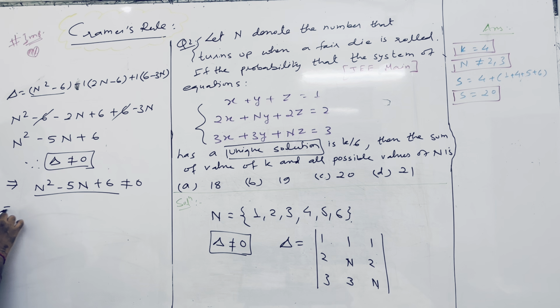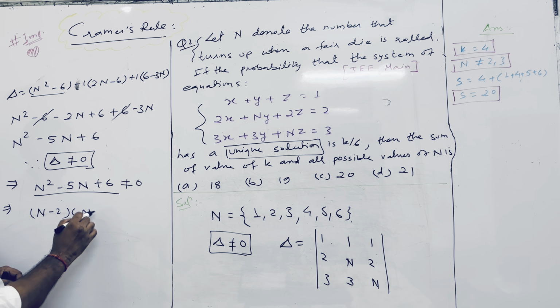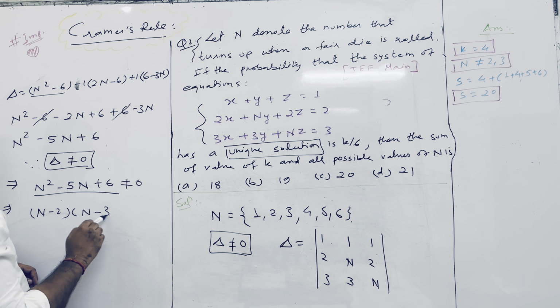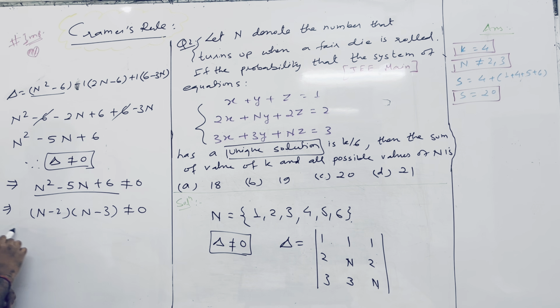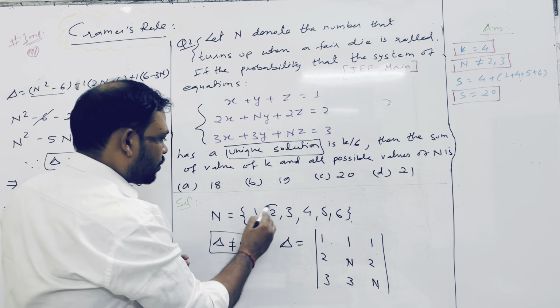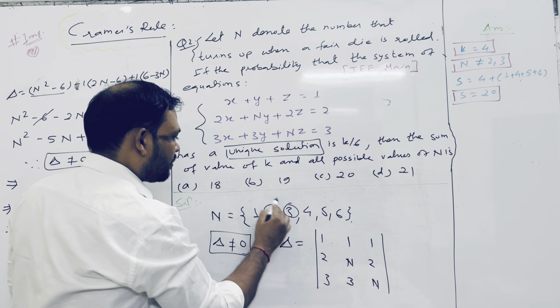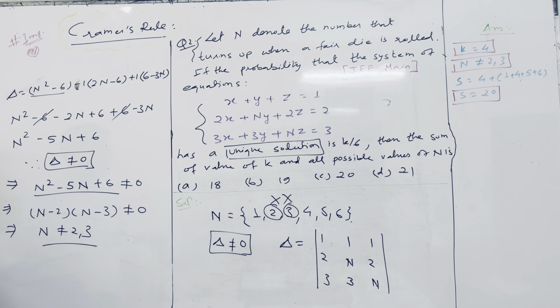When we factorize this quadratic, we will get n minus 2, n minus 3, which is not equal to 0. This means n cannot be 2 and 3. That means we have to remove the values 2 and 3. Now the possible values of n are 1, 4, 5 and 6 only.